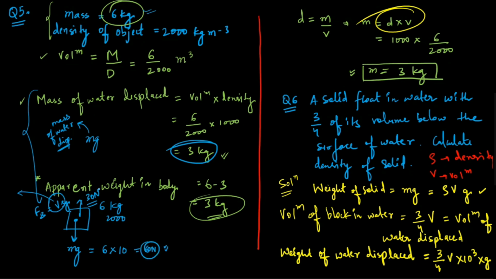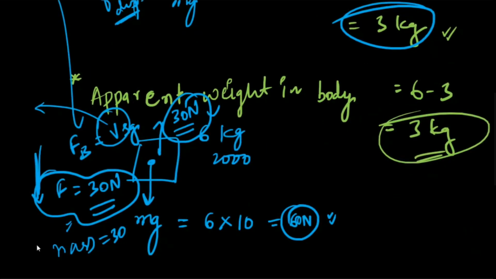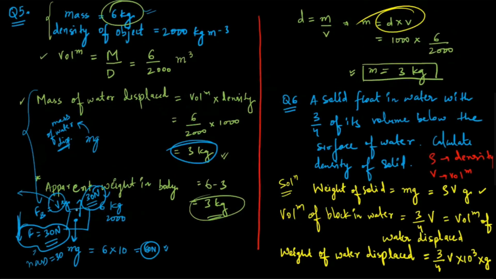So the net force is in the downward direction, which is 30 newtons. What is apparent weight? Apparent weight is the net force in the downward direction, which is 30 newtons. So the mass must be 30 by 10, that is 3 kg. Now you got it?